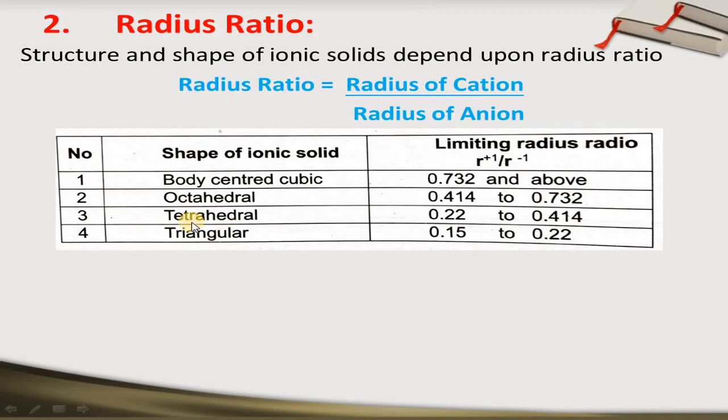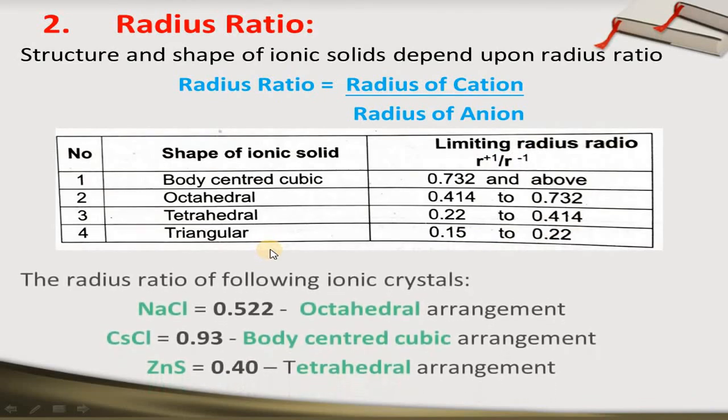If we have a tetrahedral arrangement, its radius ratio lies between 0.22 and 0.414. And if we have a triangular arrangement, its radius ratio lies between 0.15 and 0.22. Here r+ is the radius of the cation and r- is the radius of the anion. We have different examples also.